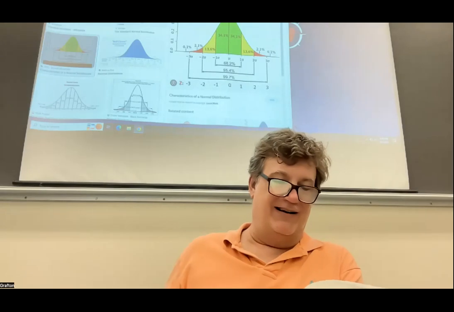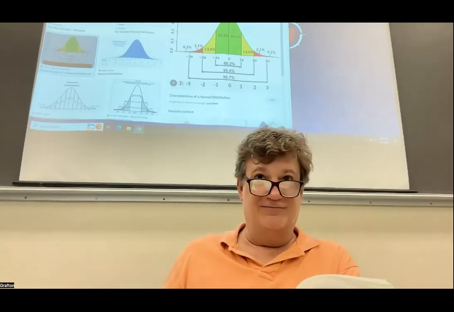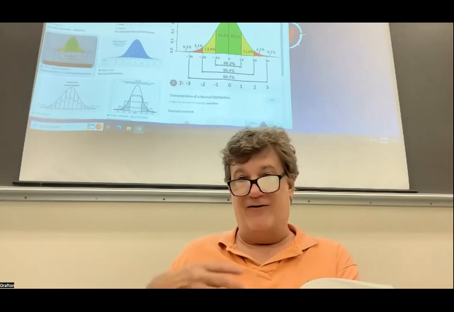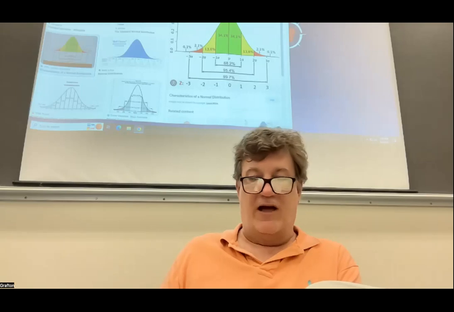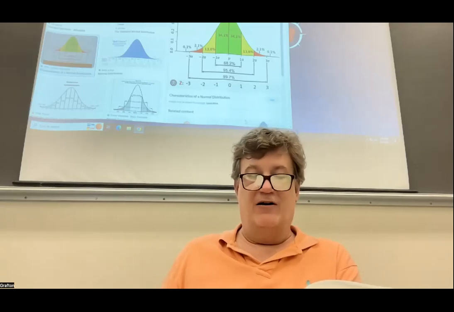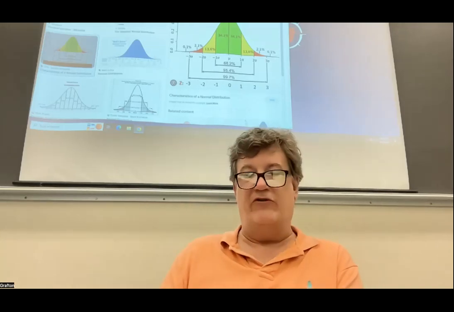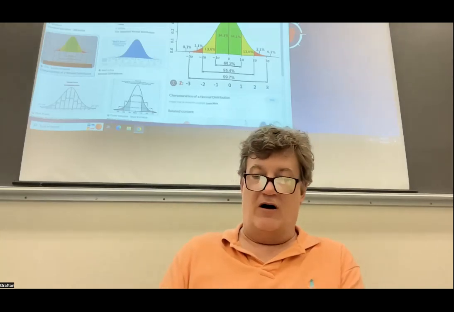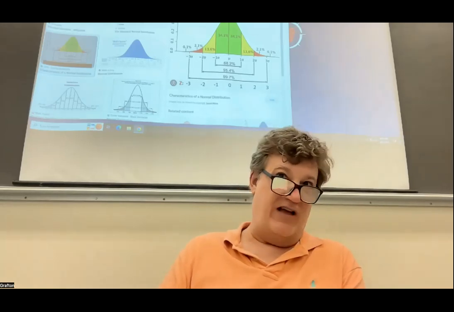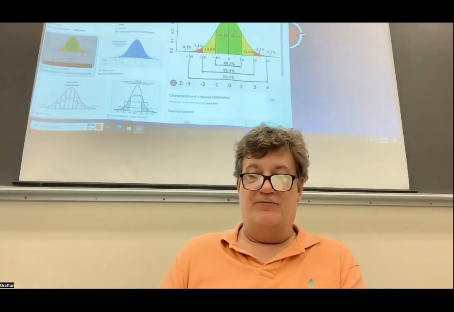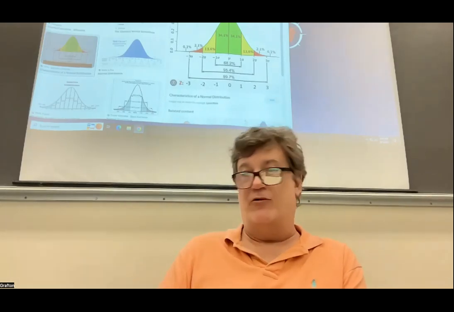So technically, there's no zero on an IQ scale. Technically, you can't really just have a zero. And a ratio scale represents equal units and also has a true zero. So weight is an example of a ratio scale. Another example is the Kelvin temperature scale.